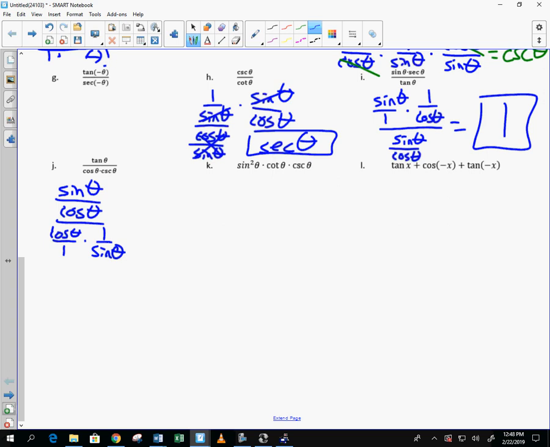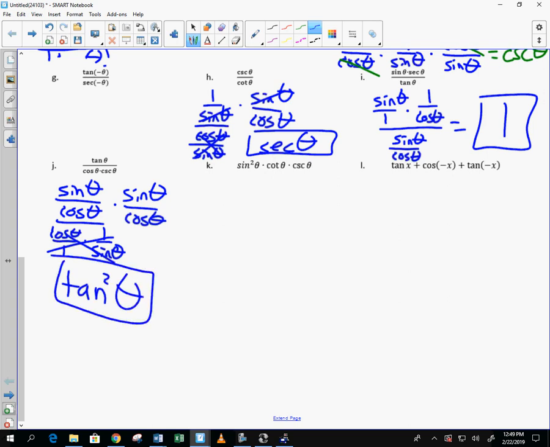So I multiply by the reciprocal. I multiply by sine over cosine. Does anything cancel? No. You get sine squared over cosine squared, which is tangent squared. You guys are geniuses. Best ever. Try letter K on your own. Go.